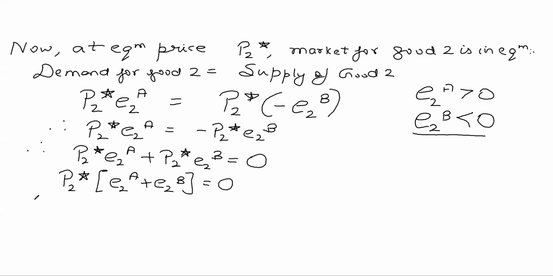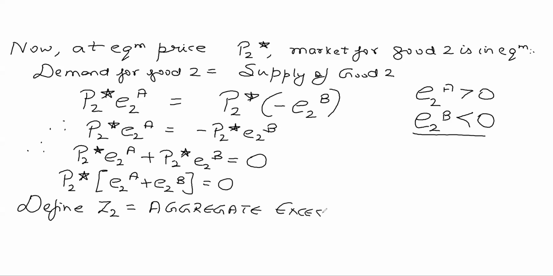Now again I define Z2 as the aggregate excess demand for good 2. Z2 denotes the aggregate excess demand for good 2, which is my E2A plus E2B.